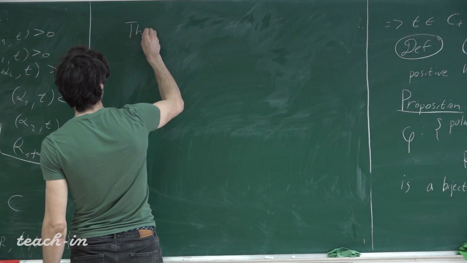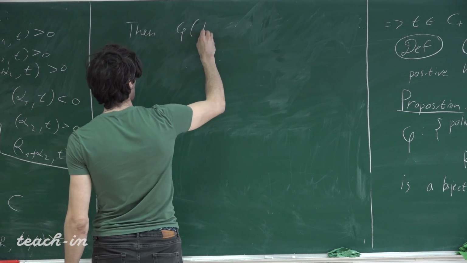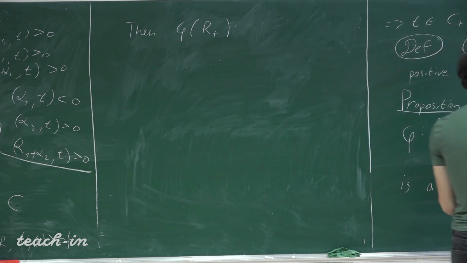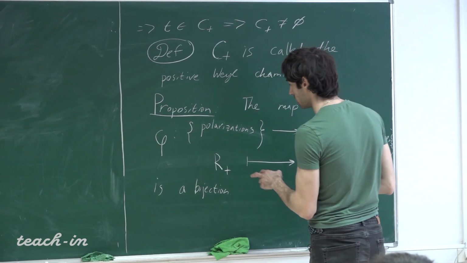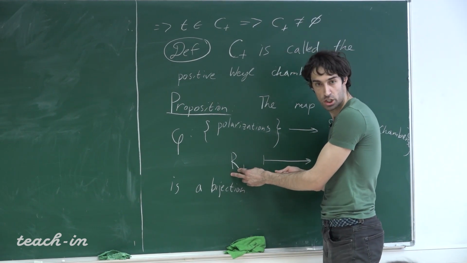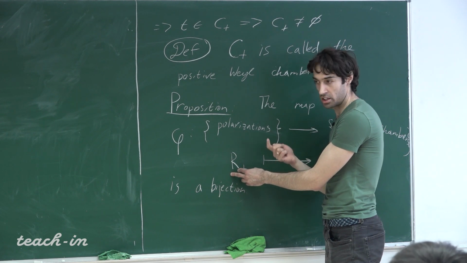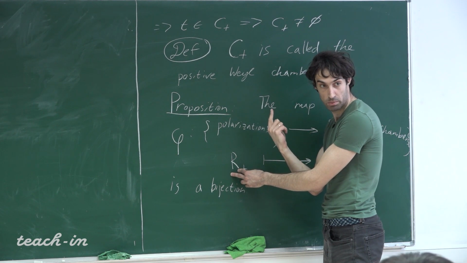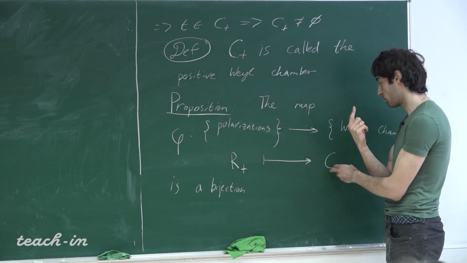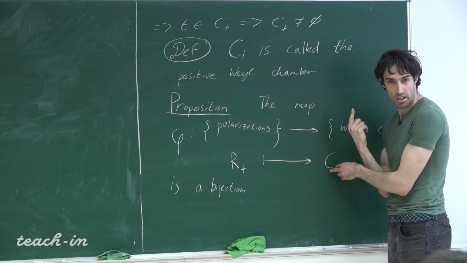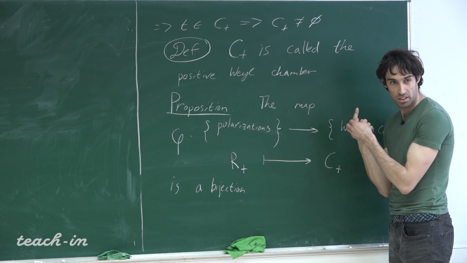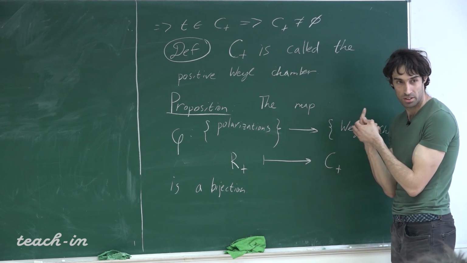Okay, then I claim that this map can also be defined like this. You take our polarization, right? And you take some defining regular element for this polarization. Then the corresponding Weyl chamber will be the unique Weyl chamber that contains this regular element.